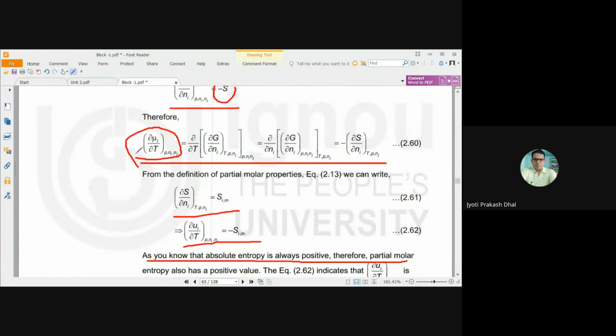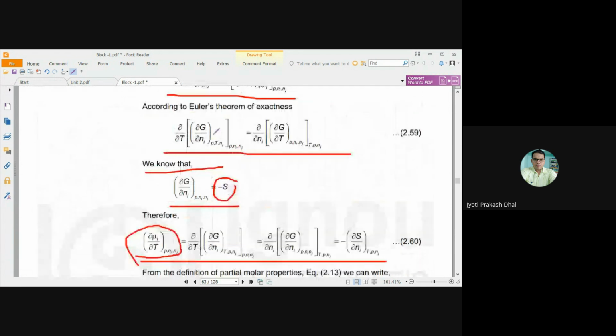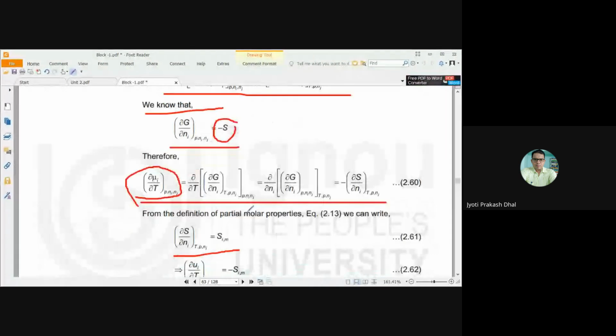of all the components equals ∂/∂T (∂G/∂Ni), and after that we apply Euler's theorem, we'll exchange this ∂T and ∂Ni.